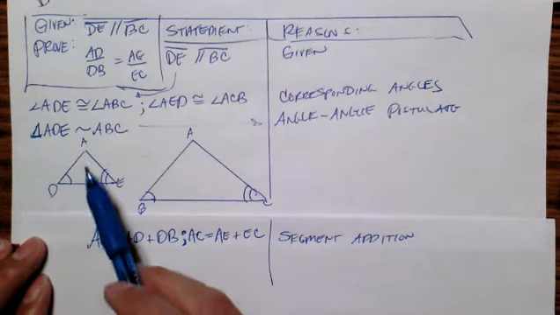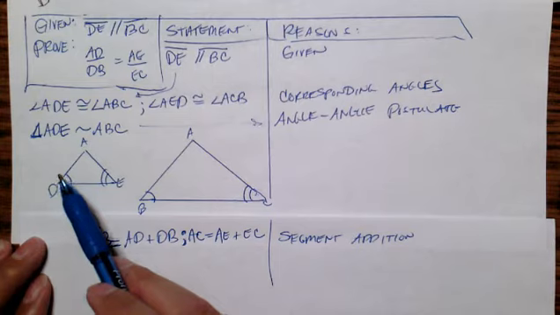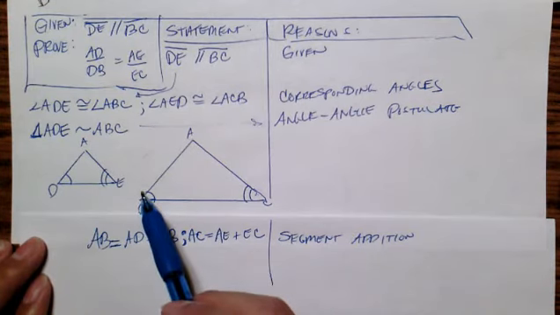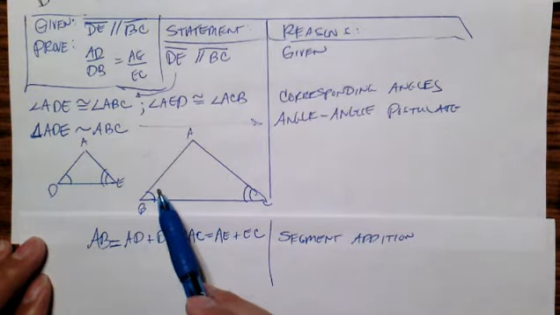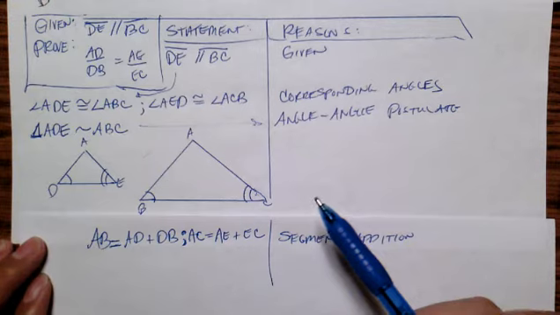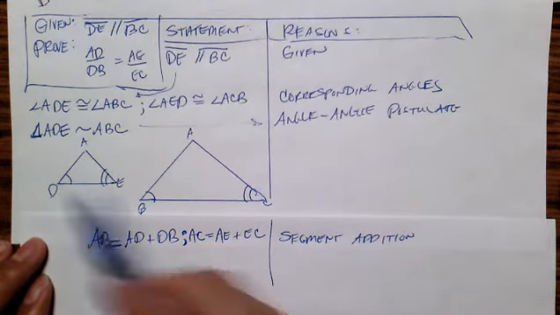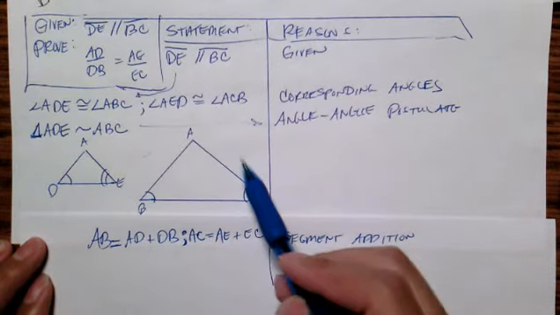What I'm going to do right now is say, let's see, AD over AB is equal to AE over AC. Wait, did I do that right? Yeah. Okay, so AD over AB equals AE over AC. It's because they're similar, okay?